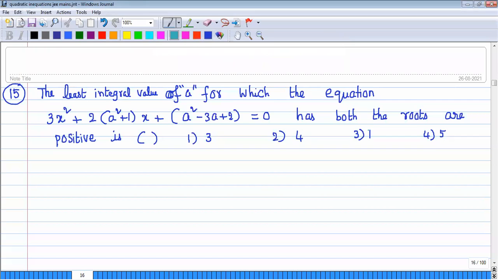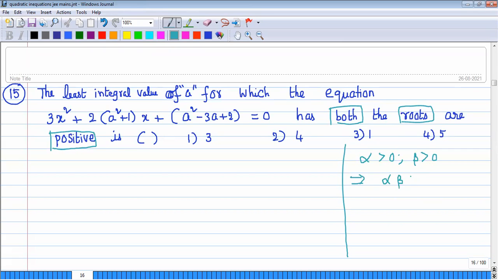Here the keyword is both the roots are positive. For example, if you say alpha and beta, both alpha and beta are positive, alpha greater than 0, beta greater than 0. If you multiply these two, positive into positive is positive. So alpha beta is greater than 0.